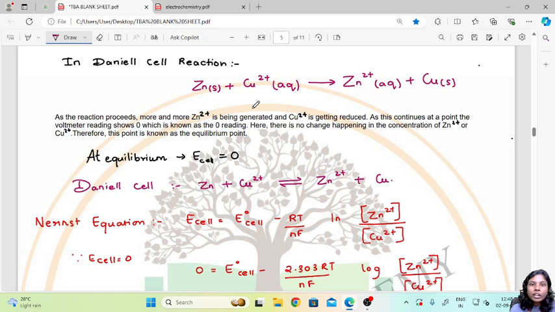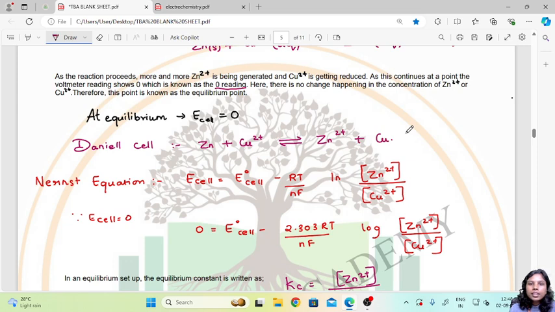This point, when the value on the voltmeter is 0, is known as the zero reading. Here there is no change in the concentration of Zn2+ or Cu2+. Therefore at this point we say that equilibrium has been attained.